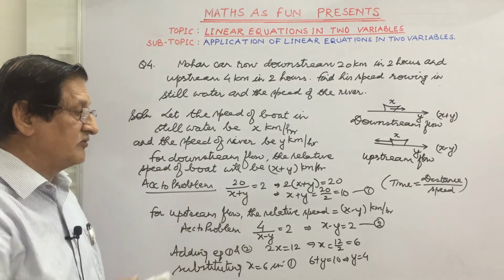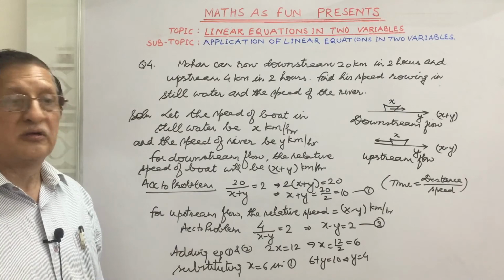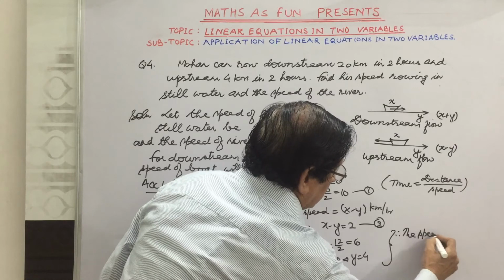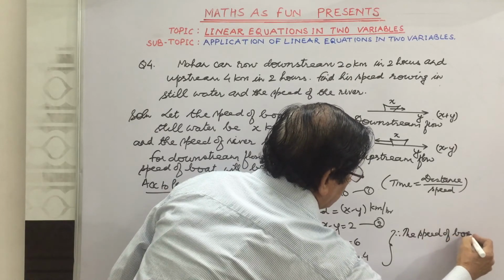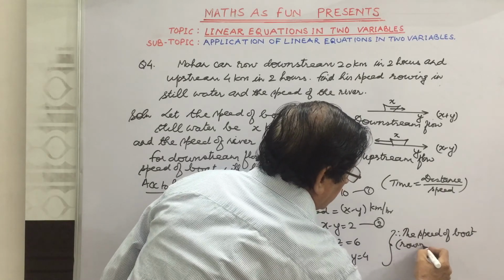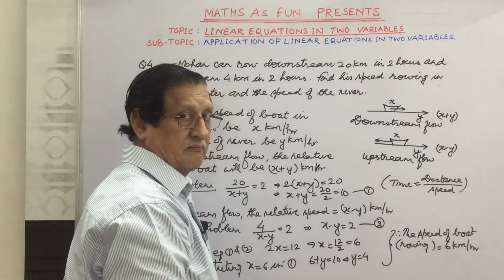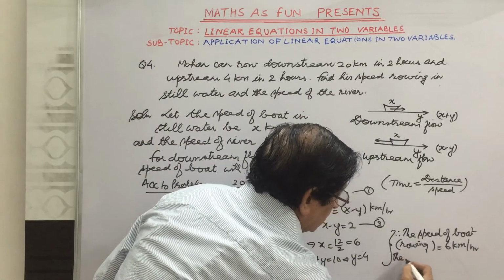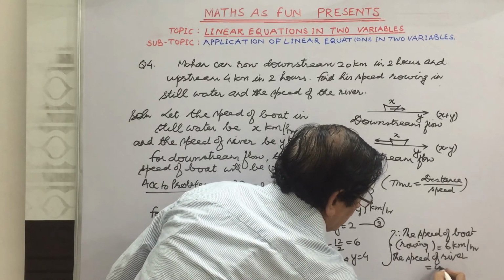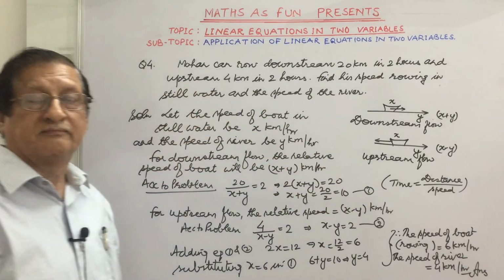Now what is x and what is y? x is the speed of the boat, and y is the speed of the river. So we can write the answer as: therefore the speed of the boat, or that of rowing, is equal to 6 kilometers per hour, and the speed of the river is equal to 4 kilometers per hour, and this becomes the answer of the problem.